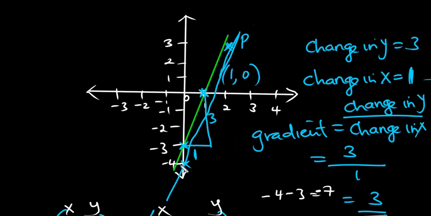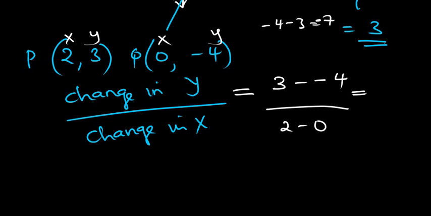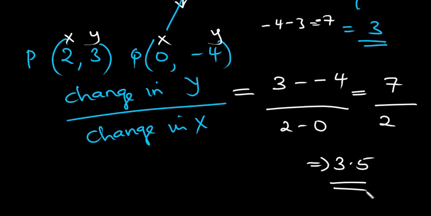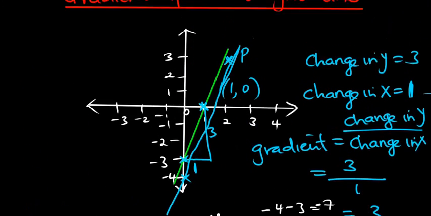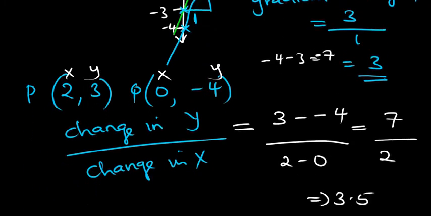We have 4 units up to here and 3 other units up to here. So in total we have 7 units. So you ignore the negative sign. So this is going to be 3 minus -4, which is 7, and then we divide it by 2 minus 0, which is 2. This is going to be 3.5. So the gradient of that particular line is 3.5. That is how to get the gradient of a line.